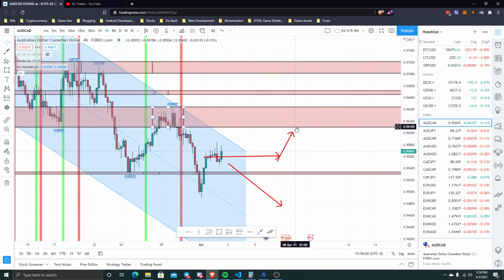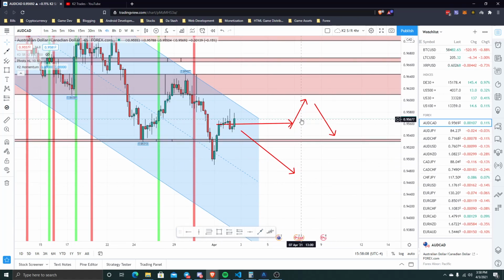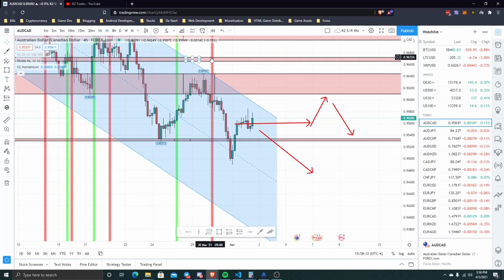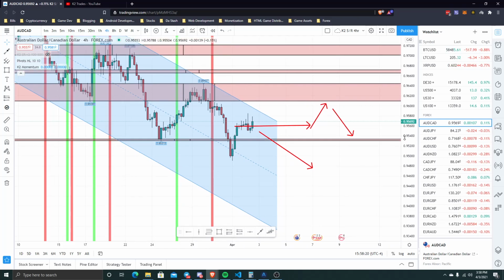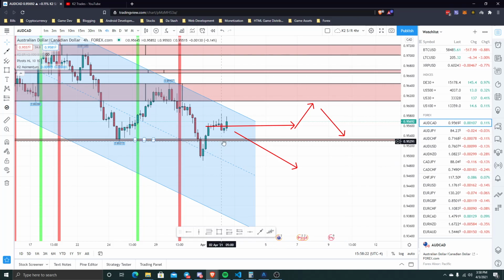And if it bumps into this zone and rejects it, then it's going to go down like this. We just have to wait and see what price does. But right now, like I said, we're under this bearish bias here, so it can either go sideways or it can continue to go downwards. My prediction is it's going to continue to go down.